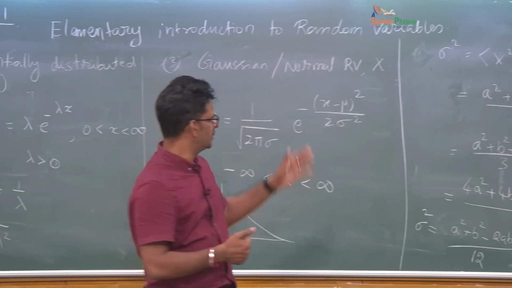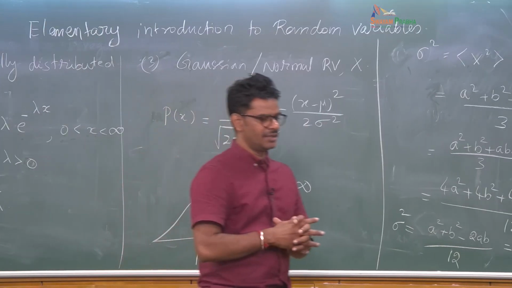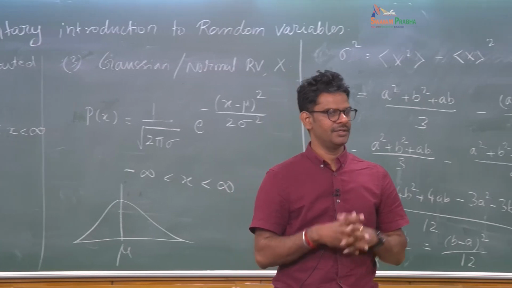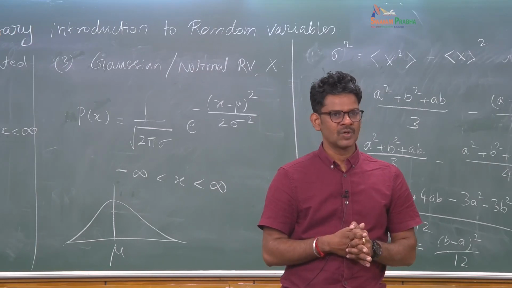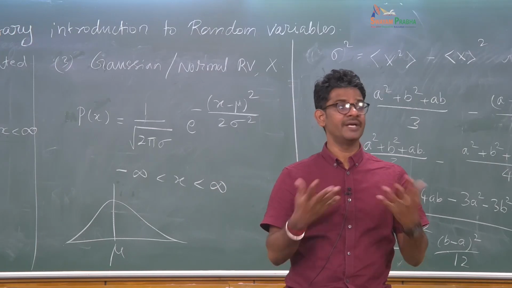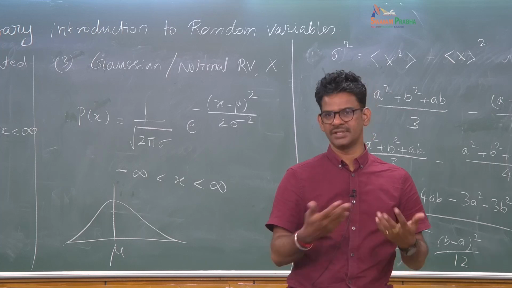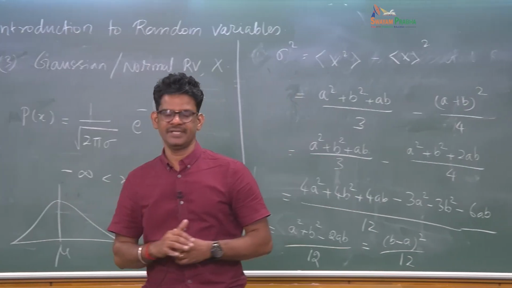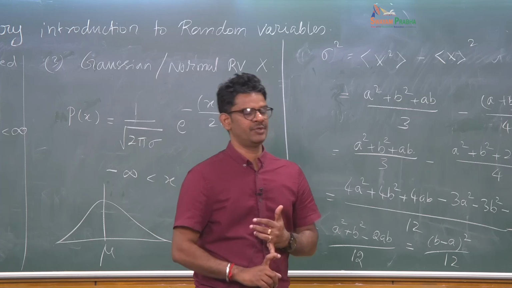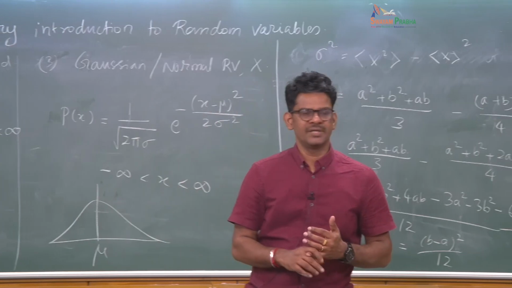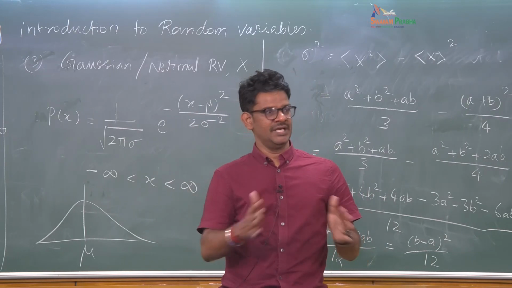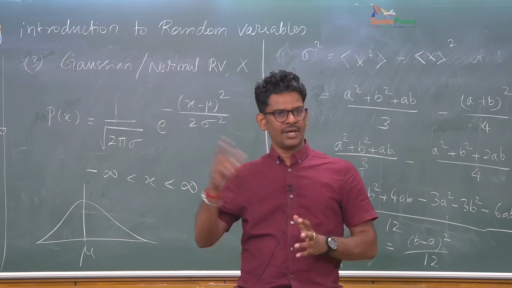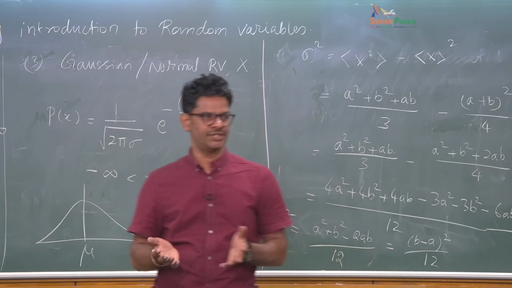To begin with, we looked at some very simple discussion on probability theory. How do we define a random variable? What are the properties? What are the quantities we can measure, the mean, standard deviation and higher moments? We also looked at three examples. The uniformly distributed random variable, where the random variable can take any value over a range with equal likelihood. Then two other distributions where we give a weightage.